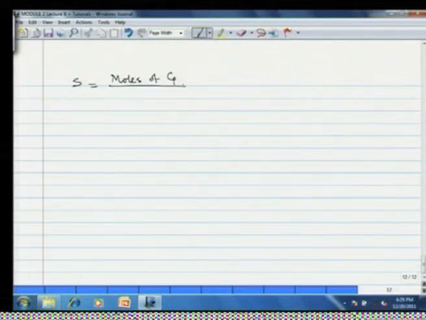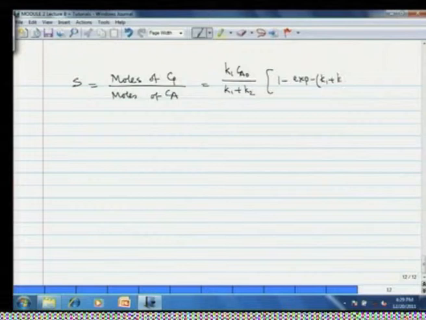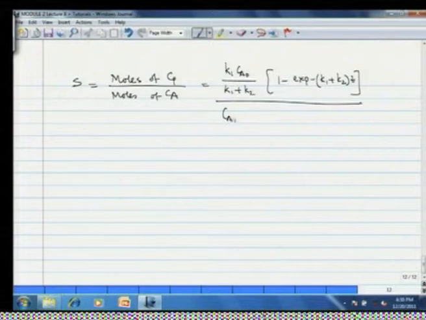S is equal to moles of Cp divided by moles of A or Ca, that is K1 into Ca naught divided by K1 plus K2 into 1 minus exponential minus K1 plus K2 into T divided by Ca naught into 1 minus exponential minus K1 plus K2 into T.